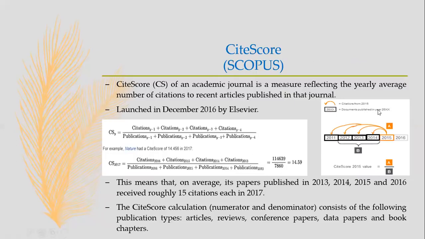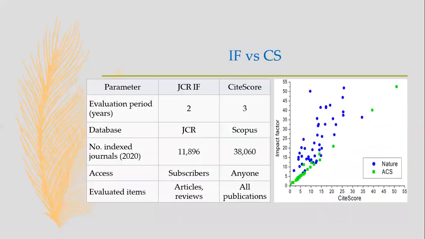Basically, how it works is that if you want to find out the CiteScore of 2015, then the data regarding the number of citations in 2014, 13, 12, and 11 will be considered here, as you can see in the formula, and we will divide it by the total number of publications in these 4 years. Okay, so this is how we calculate the CiteScore.